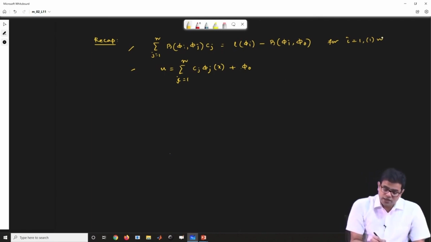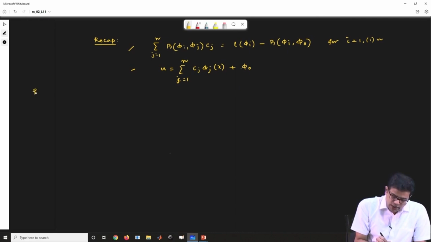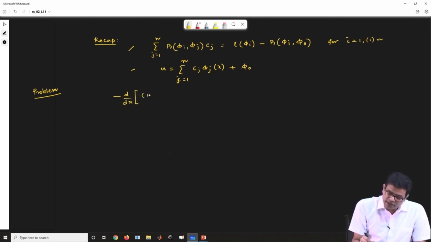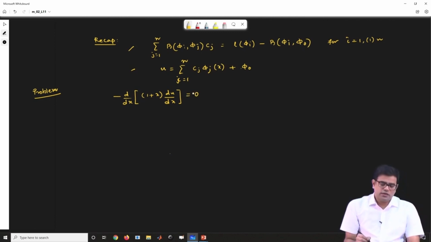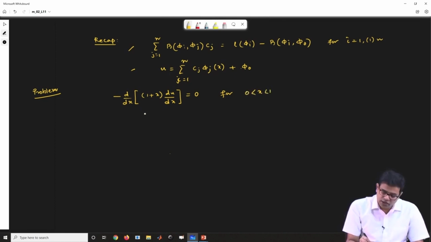Now to do that, let us take some example. Let us take some general differential equation: d/dx of (1 plus x) du/dx equals 0, for x from 0 to 1, and there is a boundary condition.